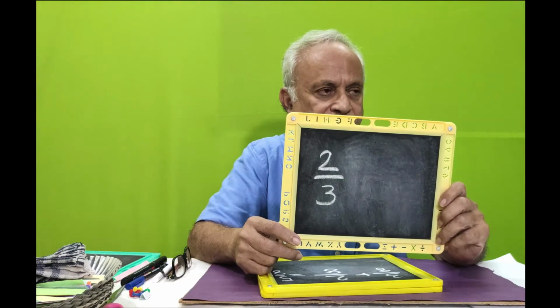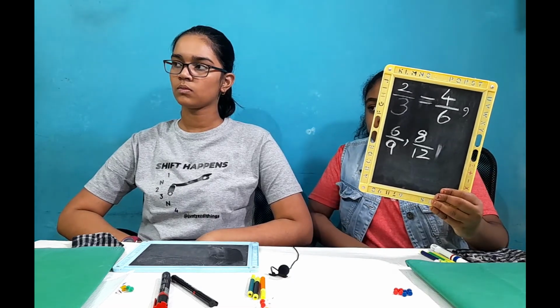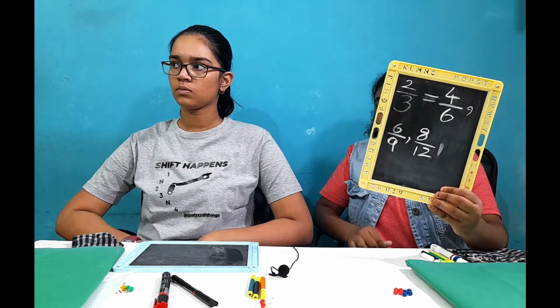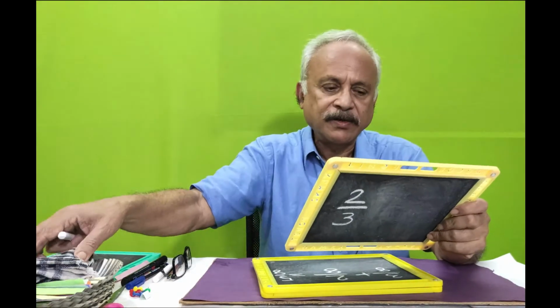Okay, show those to me, what you've written. 2 by 3 is equal to 4 by 6, is equal to 6 by 9, is equal to 8 by 12. Very good, right?